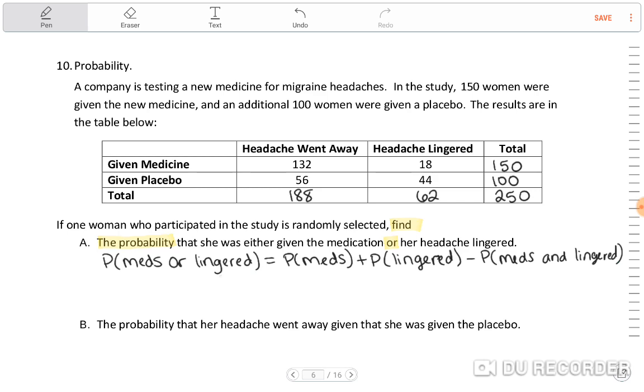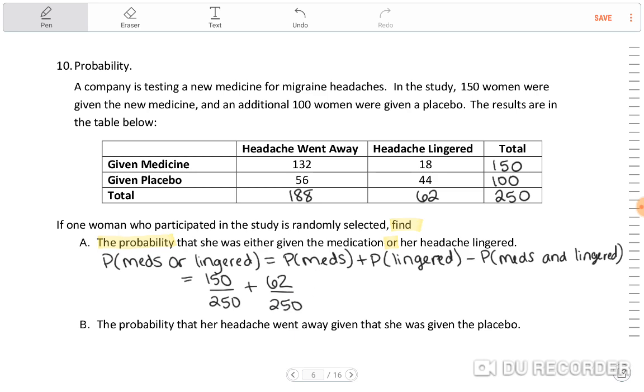Okay, so what's the probability that she got the medicine? Well, given medicine, 150 out of 250. Plus the probability that she had a headache that lingered. That would be 62 out of 250.